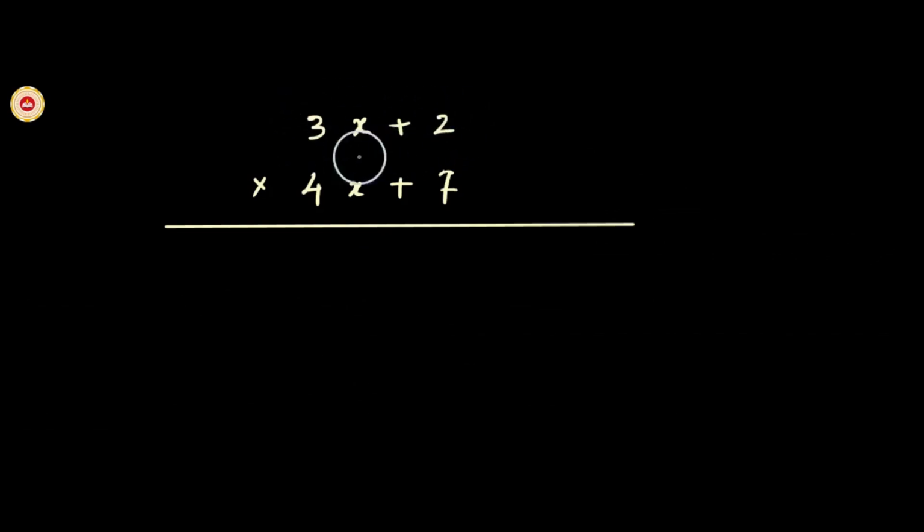This polynomial is the multiplicand and this polynomial is the multiplier. 2 multiplied by 2 minus 1: 2 twos are 4, minus 1 is 3. There will be a total of 3 steps. We will need to write an answer in three parts.